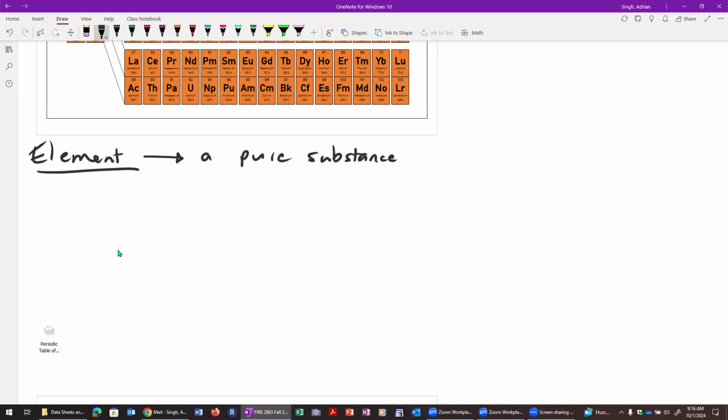just like compounds are examples of pure substances, but an element is different in that it is a pure substance, meaning that the composition is the same throughout. And a pure substance that specifically is composed of one type of matter.